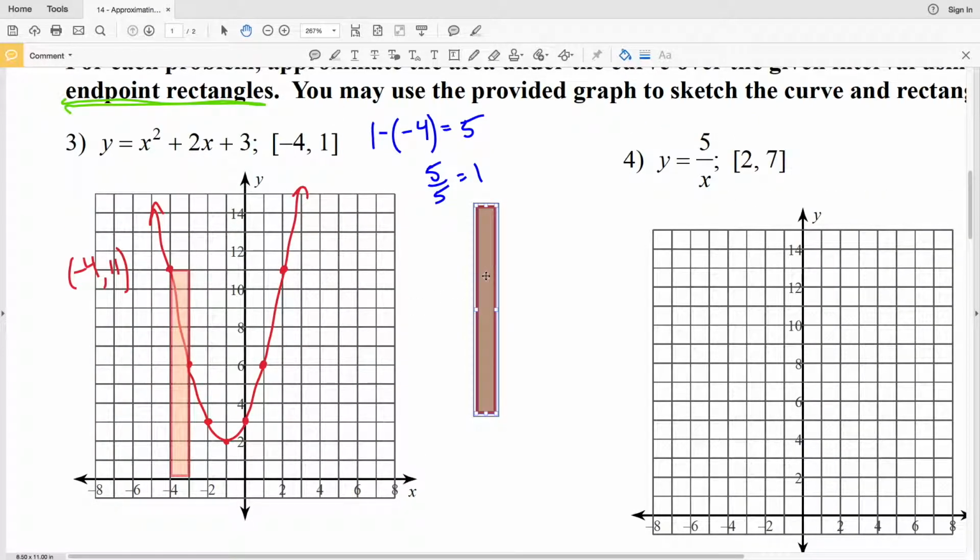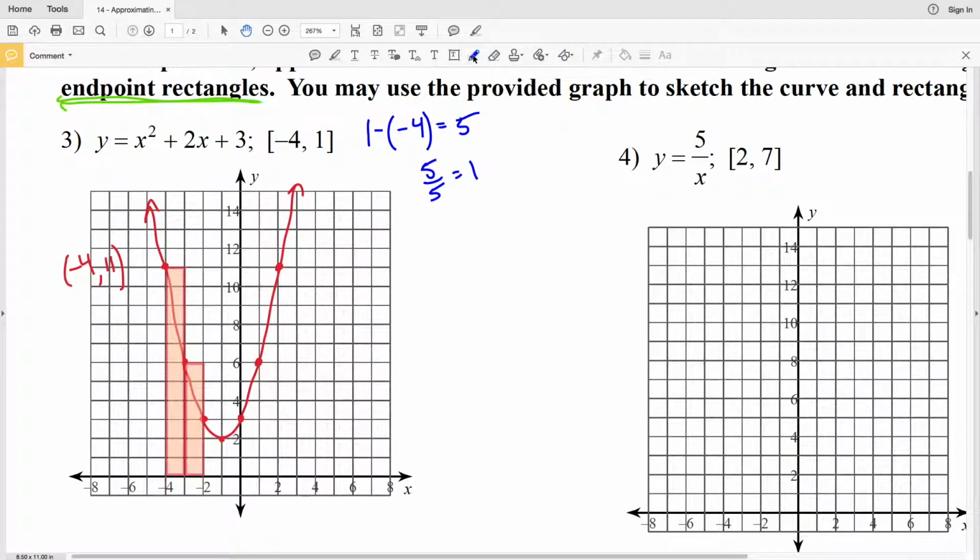My next rectangle, same width. However, that left endpoint, as opposed to having a height of 11, it was a height or length of 6. My next left endpoint is at -2 because we're going 1 unit over, and at -2 our height was 3.